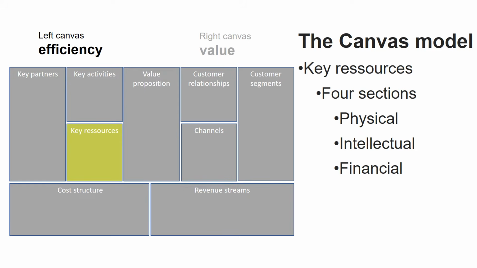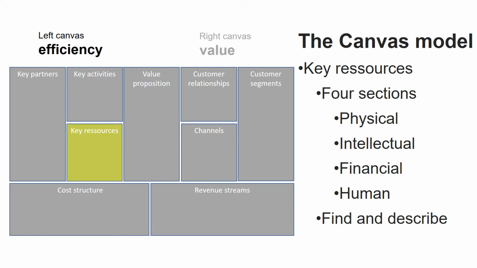The third section is financial resources, such as cash, lines of credit. The fourth and last is human resources. Different industries and businesses need people with different knowledge and skills.